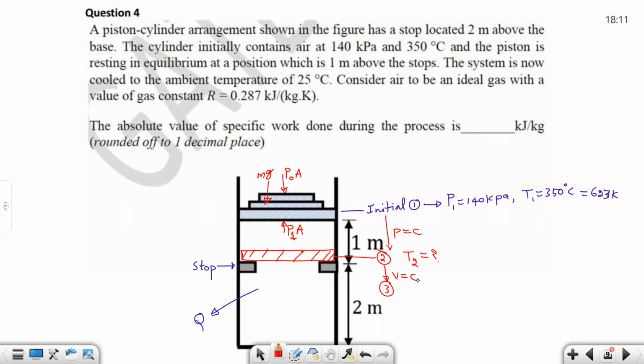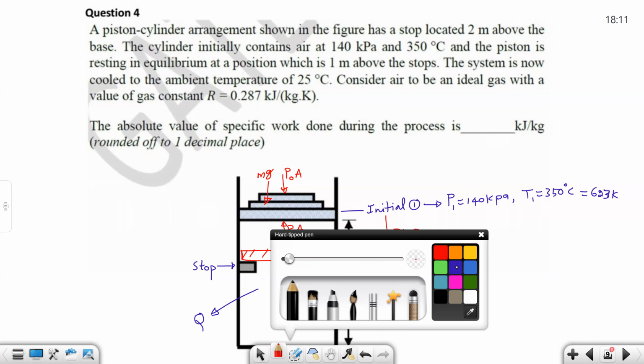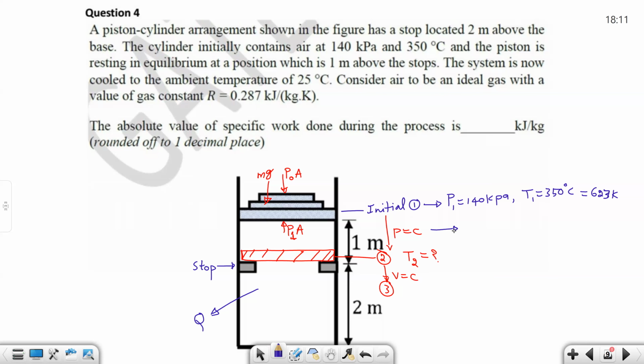So you take the pressure constant process, for which we know that the ratio of volumes V1 by V2 is equal to the ratio of temperatures. V1 is the area of the piston A into 3, the length. V2 is the area of the piston into 2.